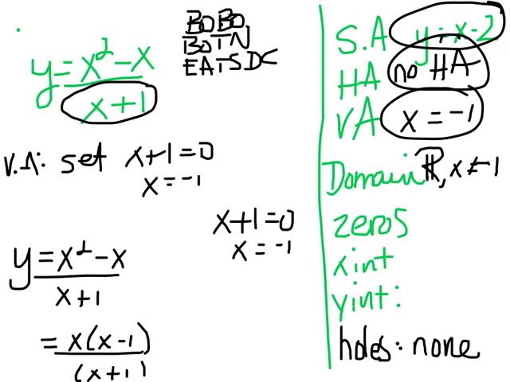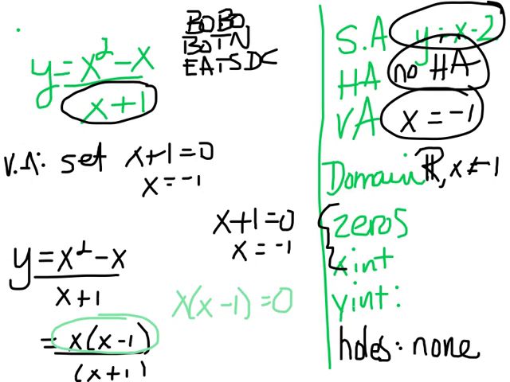All right, what about the x- and y-intercepts? The x-intercepts happen at the zeros, so the zeros and the x-intercepts are the same things, aren't they? To find our zeros or x-intercepts, we take the numerator, x times x minus 1, and set it equal to 0.